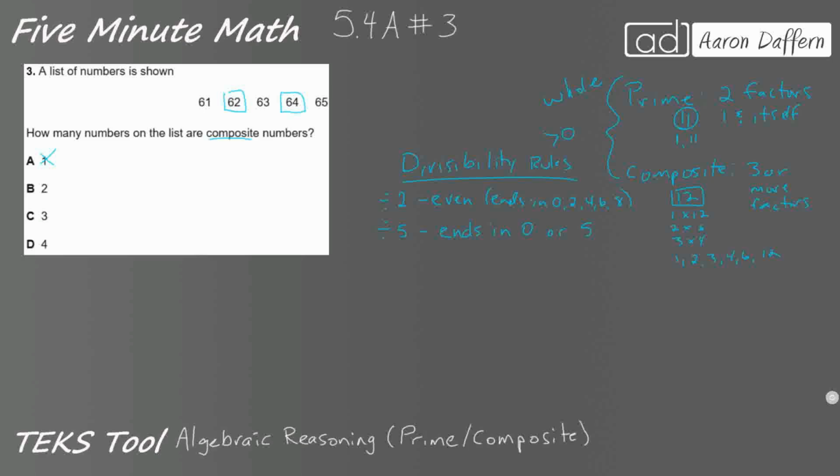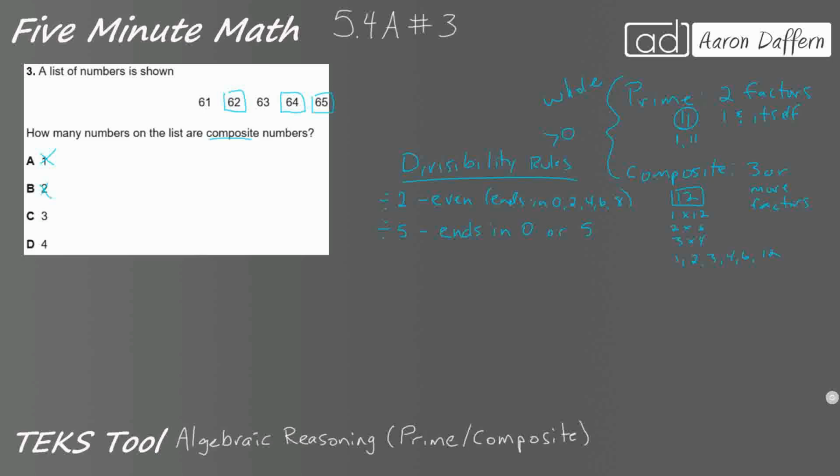So we've already marked off anything with a 0 because it's going to be a 10, right? 10, 20, 30, 40, 50, which means it's divisible by 2 or 5. But also the 5s: 5, 15, 25, 35, 45, 55. Well, I've got a 65 right there. All right. So that means there's at least 3. So either 3 or 4.